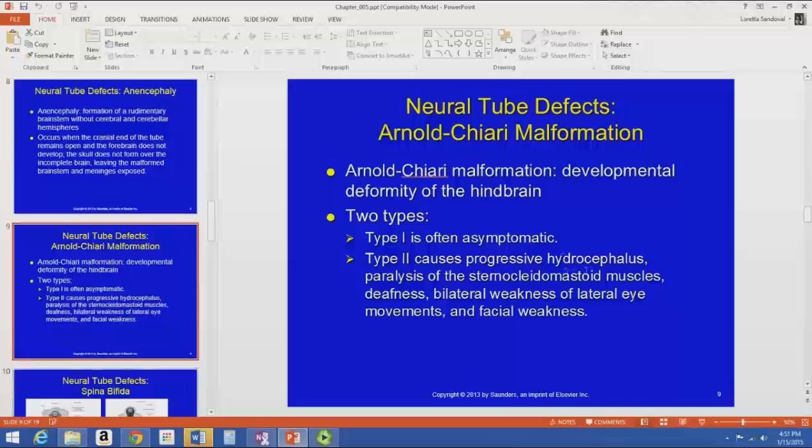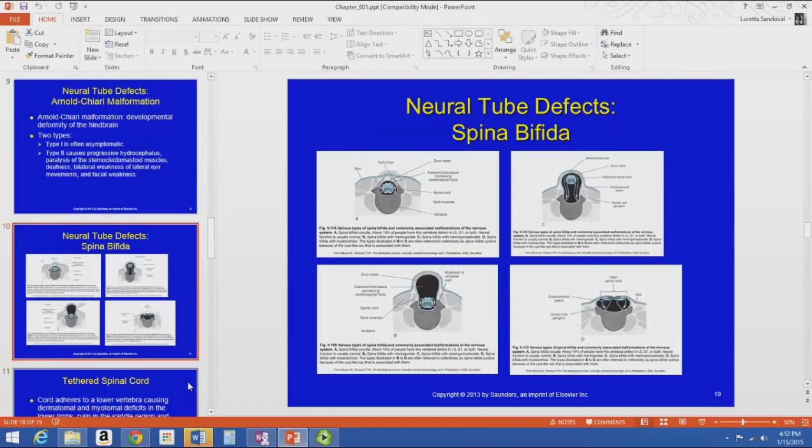So all of those things except the hydrocephalus, but the sternocleidomastoid muscle innervation, hearing, weakness of lateral eye movements, and facial weakness, those are all controlled by cranial nerves. And so a lot of times in type 2 and often in type 1, even though it's asymptomatic, cranial nerves are affected. Because these are things that we can't really treat in physical therapy, you do not see this very often in physical therapy. And it's usually corrected surgically.